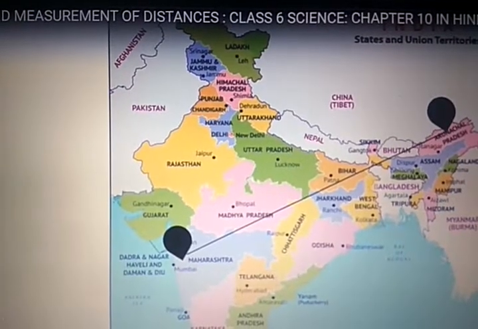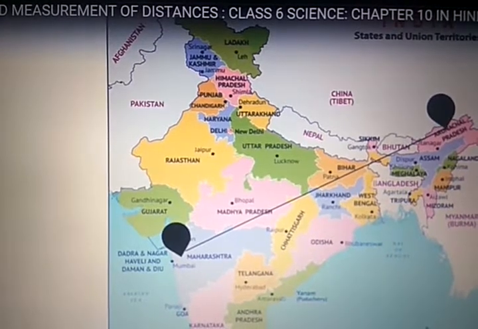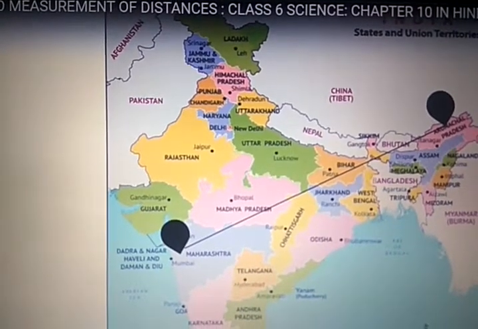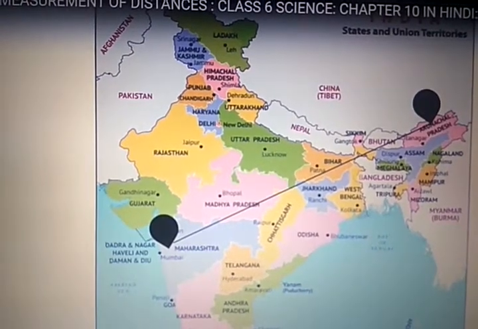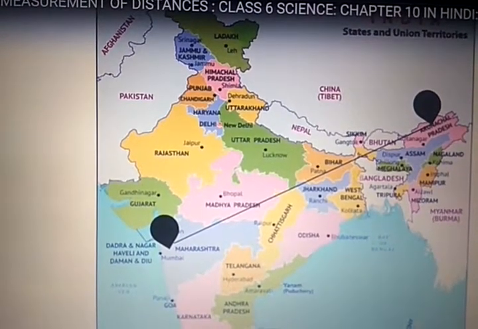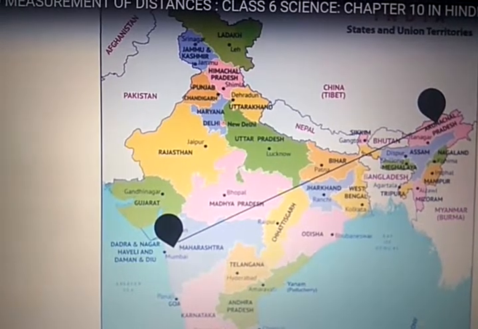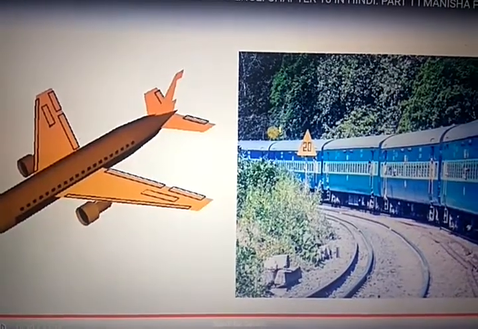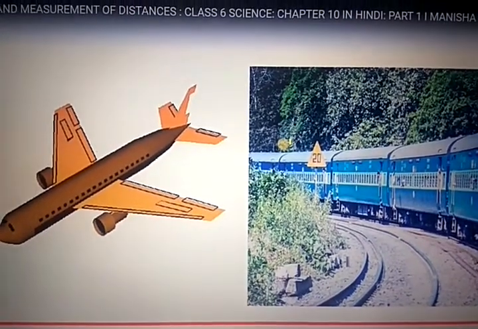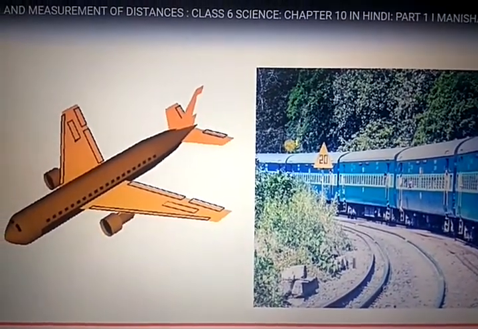If you want to go from one state to another state, you have to use a map. So how to use a map? You see here, you find out the distance covered between 2 points. For that purpose you use a train or domestic flight.